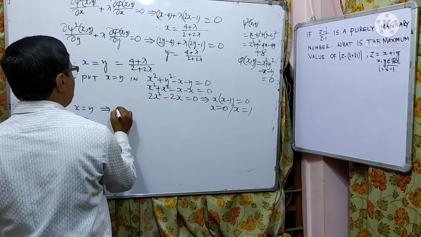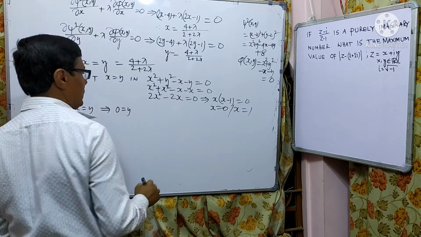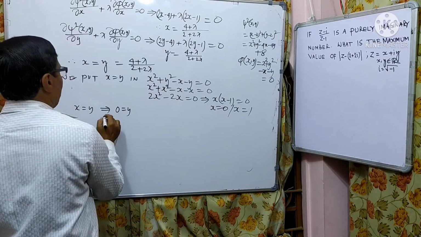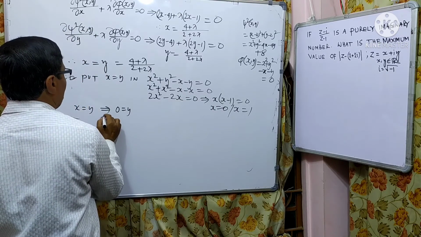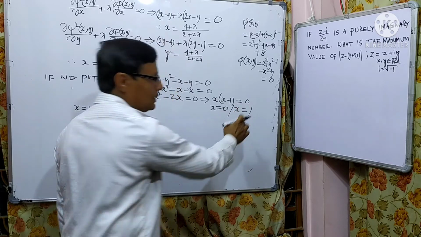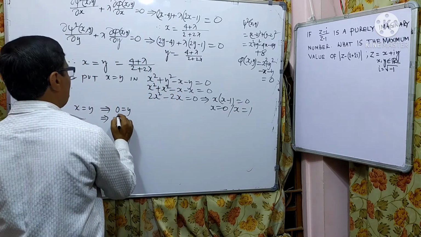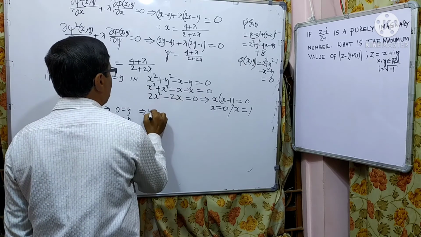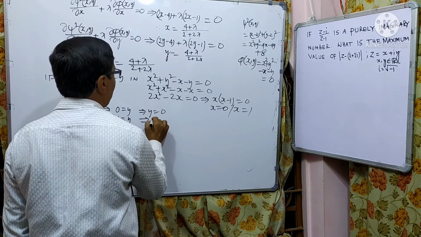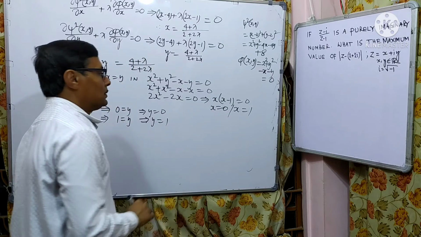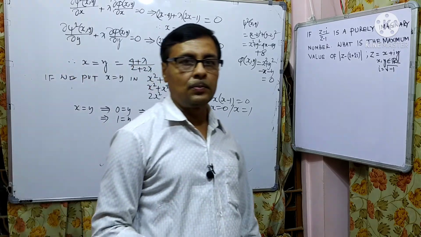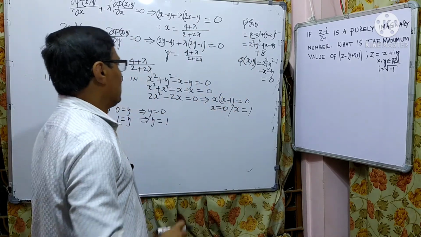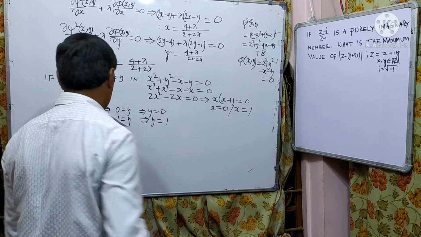And if x equal to 1, then also y equal to 1. So there are two stationary points we have got.